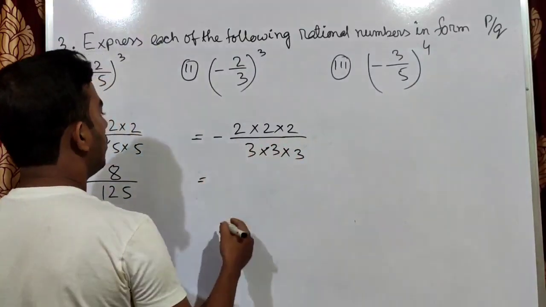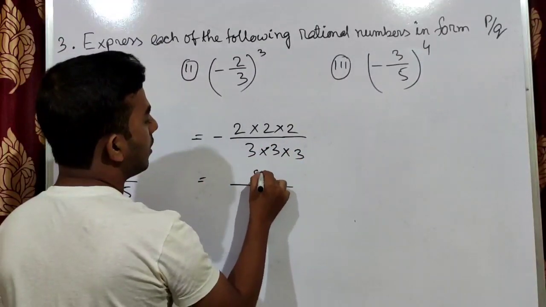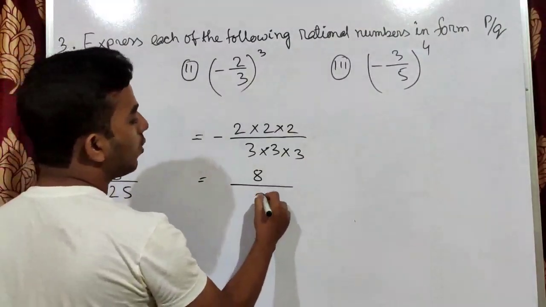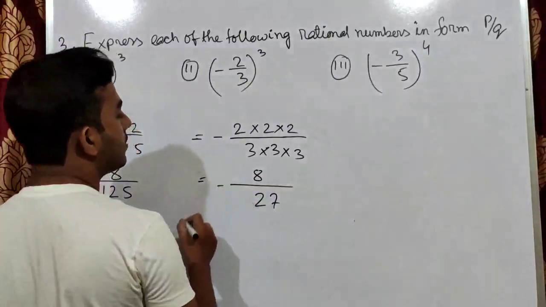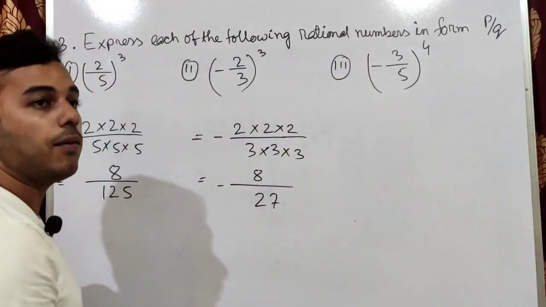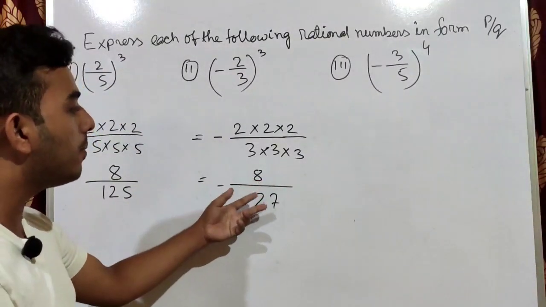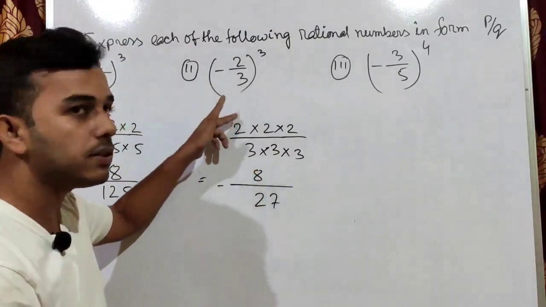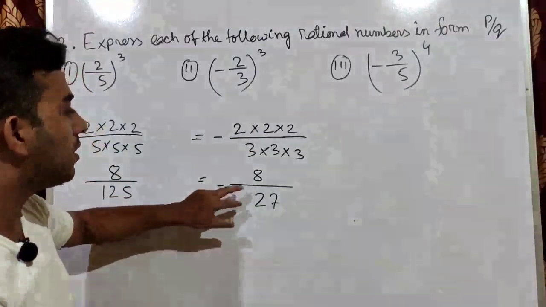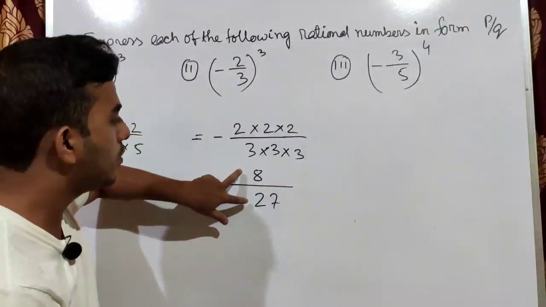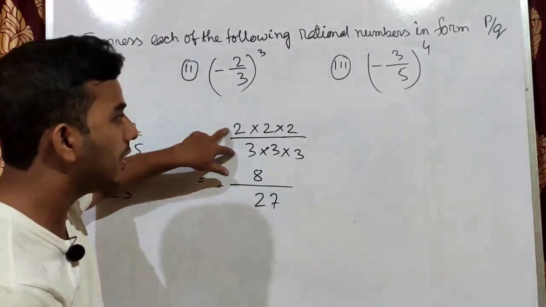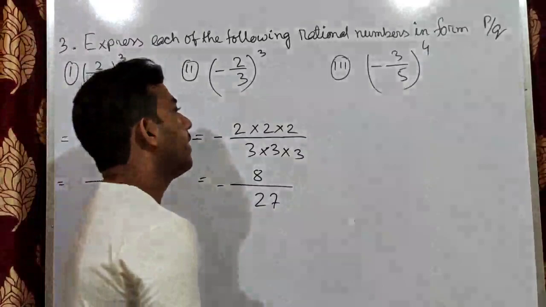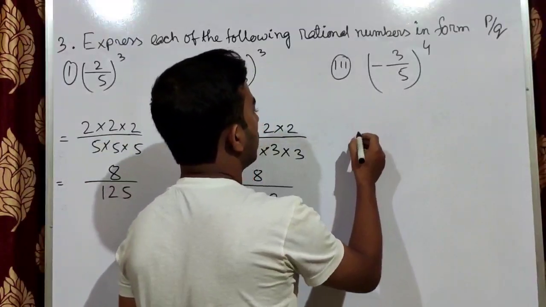So 2 into 2 into 2 is 8, 3 into 3 is 9, 9 into 3 is 27, and with the minus sign, so minus 8 by 27. Our earlier question was to express minus 8 by 27 in exponential form, so we have just reversed it. Clear? Okay.